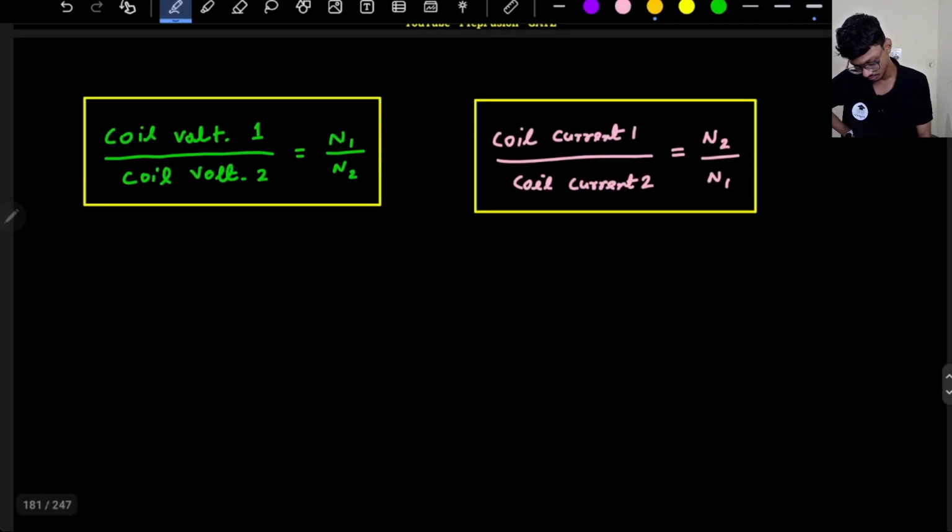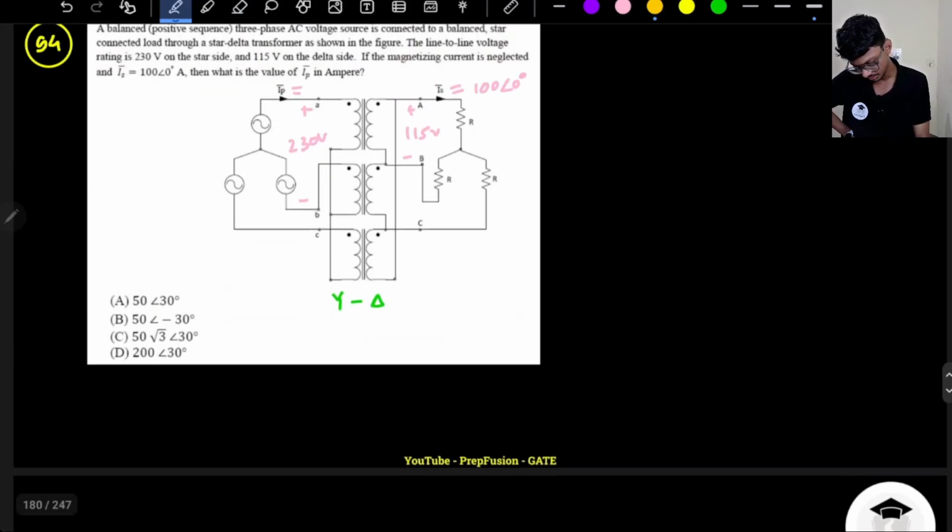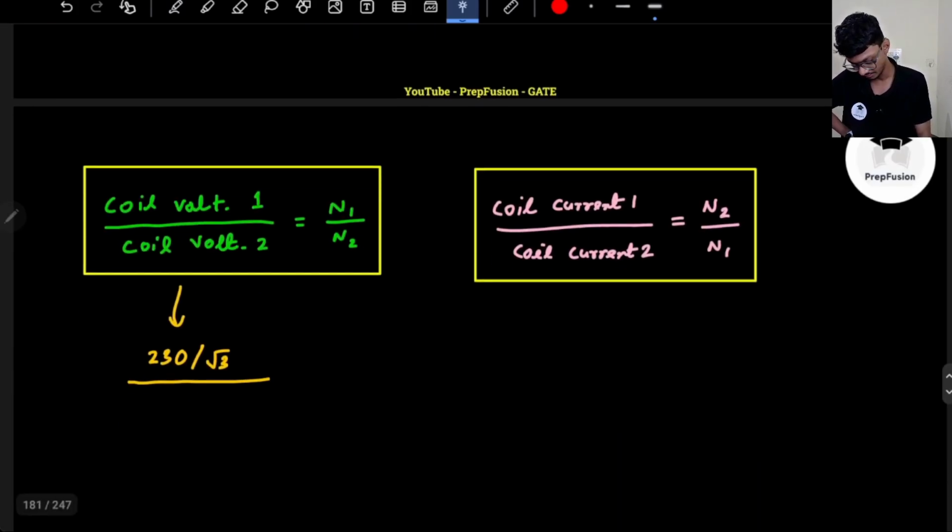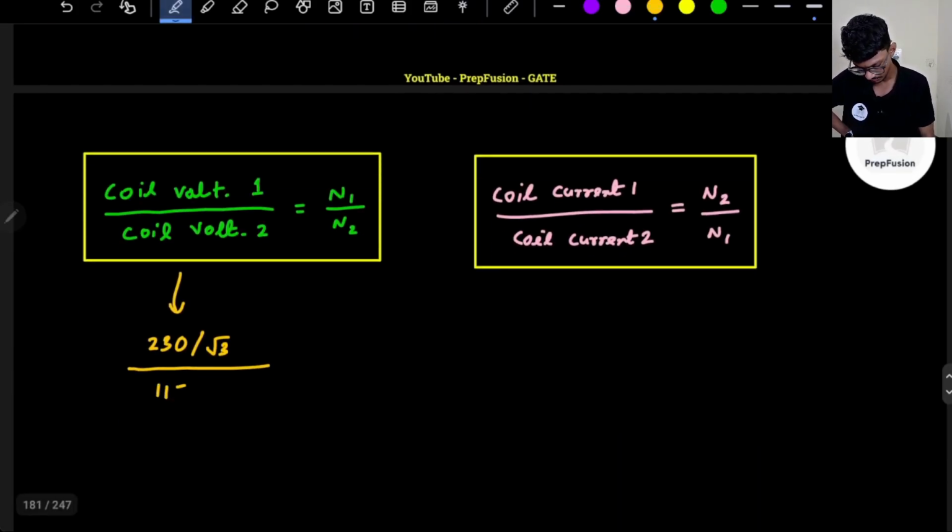So this I will solve. 230 divided by root 3, divided by, in the secondary, 115 volts.